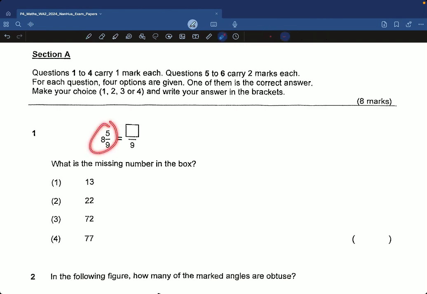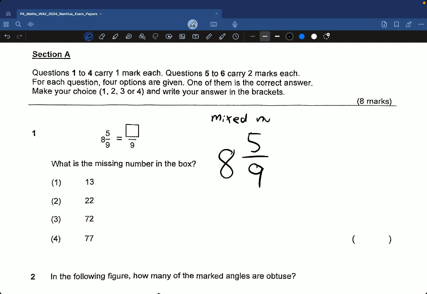So we have a mixed number, and it looks like we need to convert it into an improper fraction. What is the mixed number in the box? I'm going to write down the fraction like this. This is a mixed number.